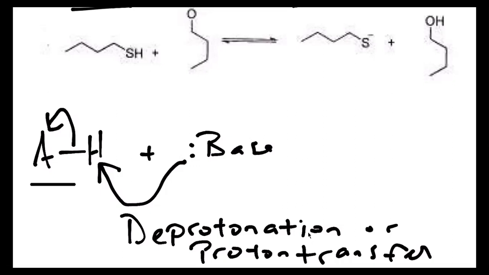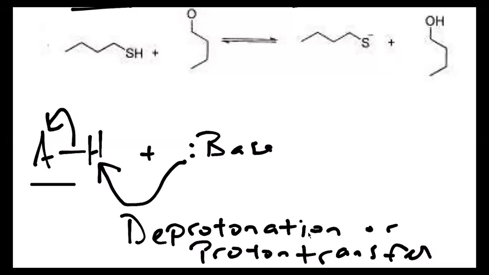So the base is giving its pair of electrons to hydrogen, because hydrogen doesn't have any electrons. Once you break the H-A bond, there are no electrons left for hydrogen, so the base is going to supply both electrons. Are we okay with that? All right. Once I attack hydrogen, I have to break that H-A bond because, number one, hydrogen can only make one bond.